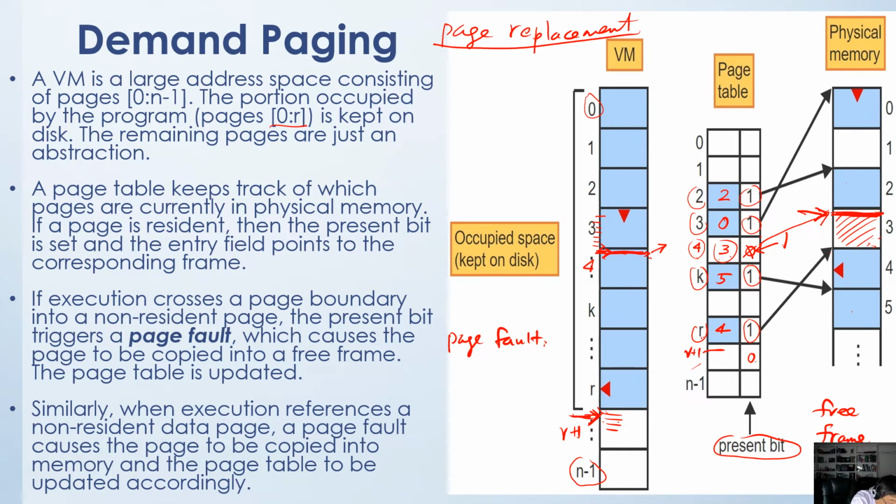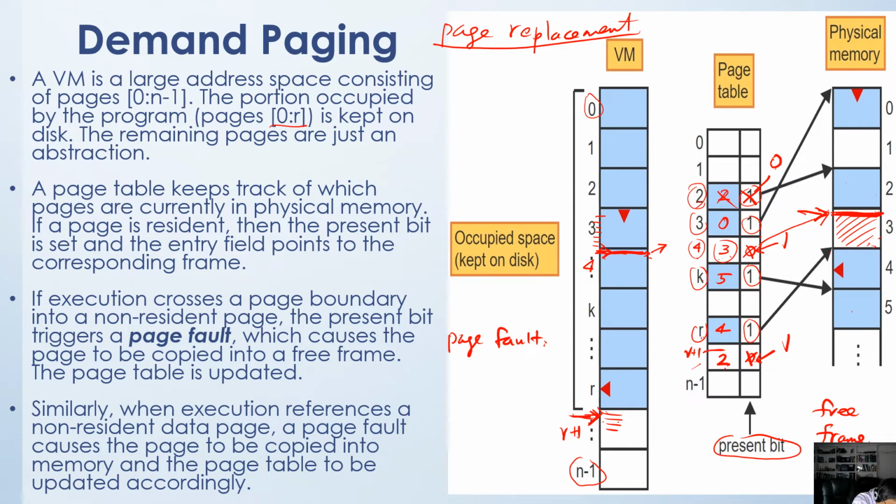So then we find a page, say, okay, page 2, is not in use. We want to replace it. What are we going to do? So we can change the present bit to 0. Okay, so we kick that page out, and then we put the page r+1 in here and set the present bit to 1.